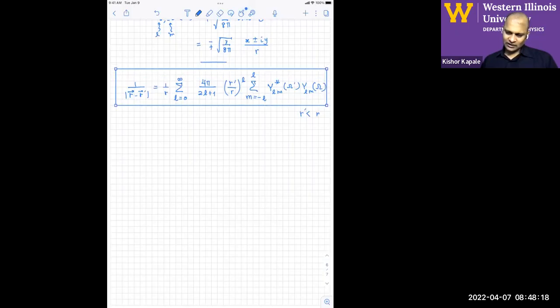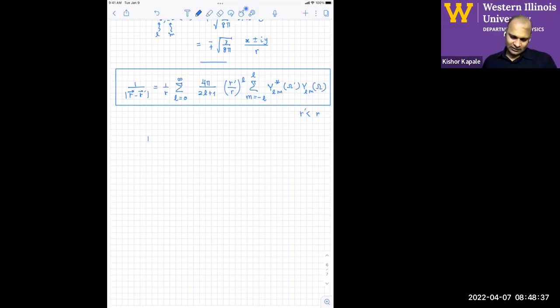Now, the nice thing about this is, even though we did this exercise for r prime less than r, there is a way you can make this expression valid in the opposite limit of r prime greater than r, right?